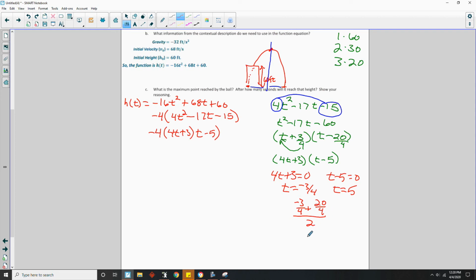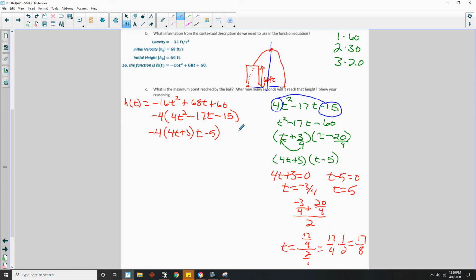Well, that's going to equal 17 over 4 divided by 2 over 1, which is the same as 17 over 4 times a half, which equals 17/8.